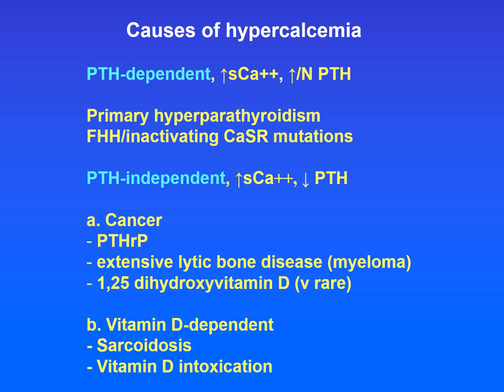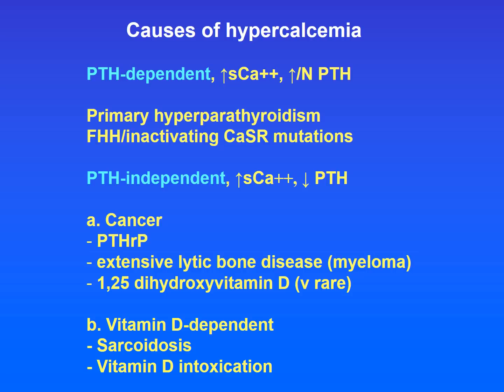So you can see that if a patient in clinical practice is found to have hypercalcemia, the next test that's going to be helpful is to measure the parathyroid hormone, and that allows you then to differentiate or to place the patient in one of these 2 categories, the parathyroid hormone dependent or independent disease.